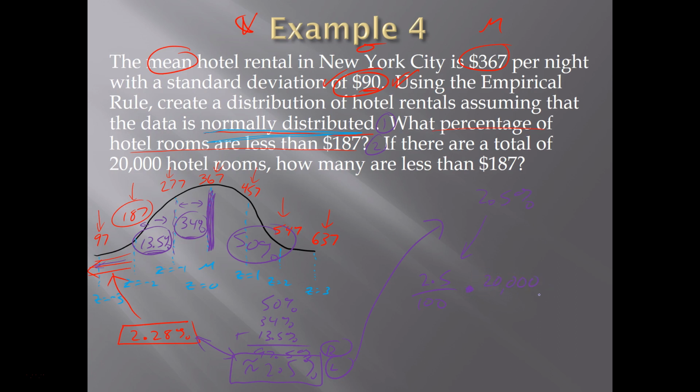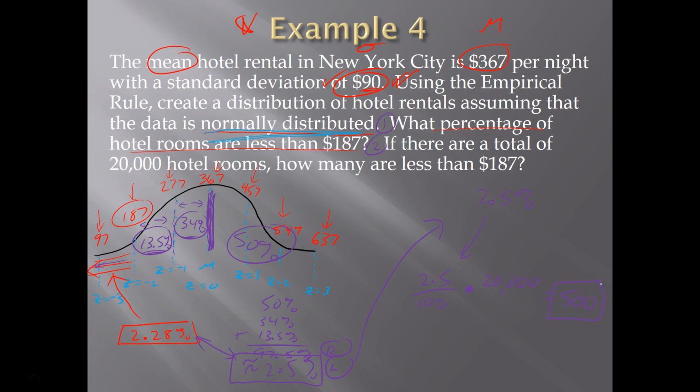Now let's go ahead and do that calculation. So what I have is 2.5 divided by 100, and now I'm going to multiply by 20,000. And when I do that, I get 500.